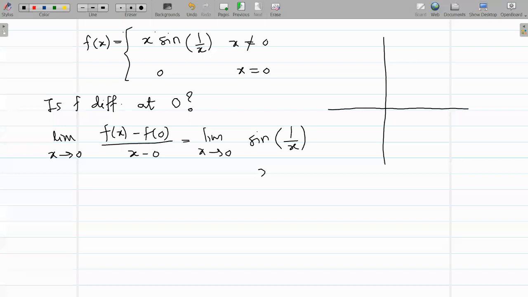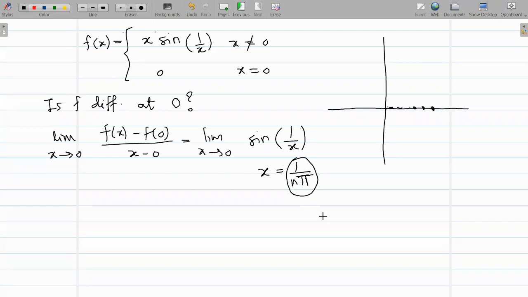If I look at x equal to 1 by n pi, then this function is 0 at every 1 by n pi. But how many such points are there? Infinitely many points near 0. So sine 1 by x becomes 0 at every 1 by n pi.